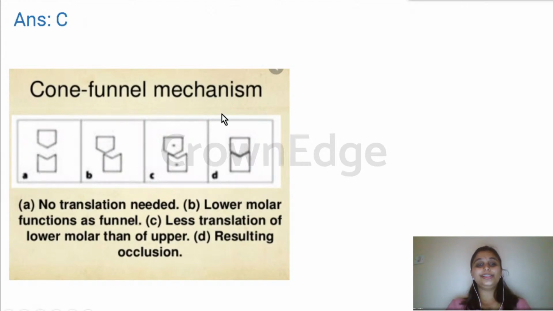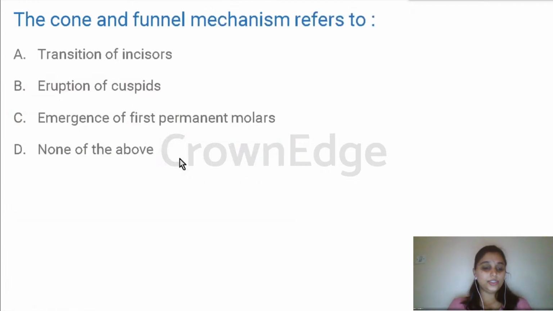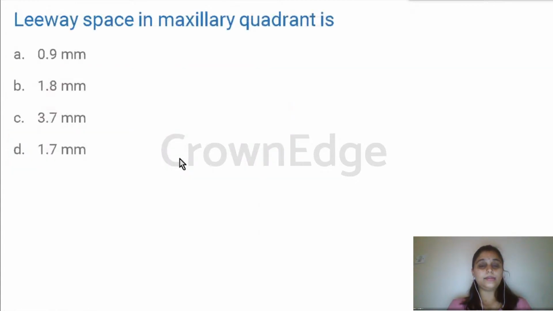So this mechanism is known as the cone and funnel mechanism. If it is a C position, you'll need a lesser translation of the lower molar than of the upper. Usually the upper molar will come and fall into its place. But here, you need the lower molar to move, and then the upper molar will automatically fall into place. This is known as the cone and funnel mechanism.